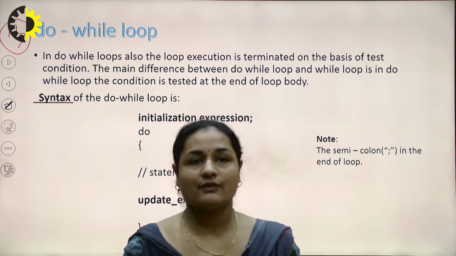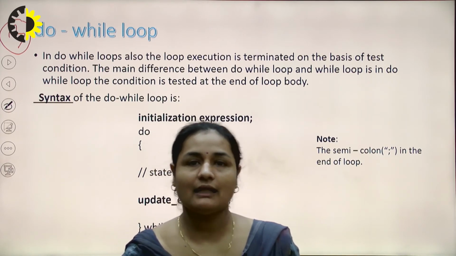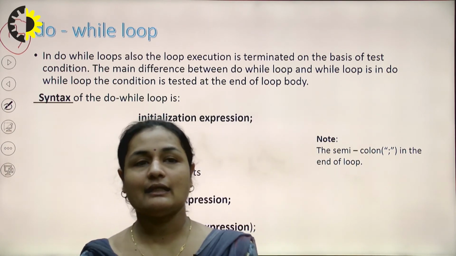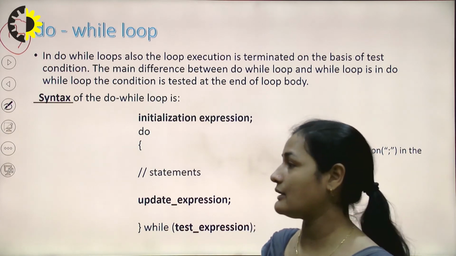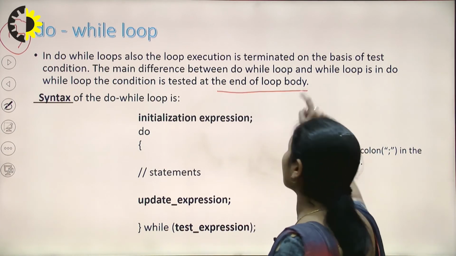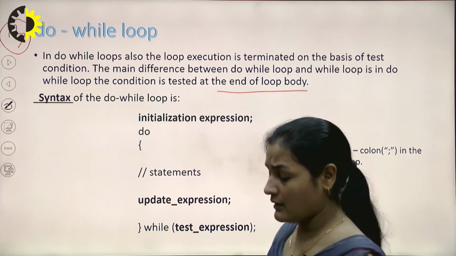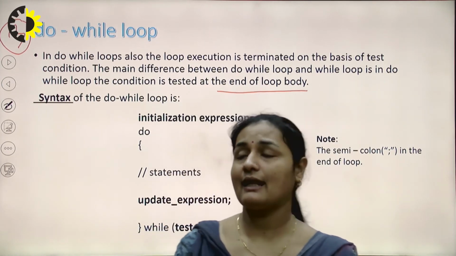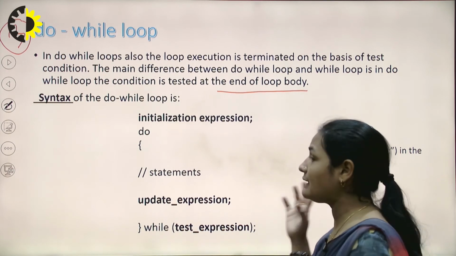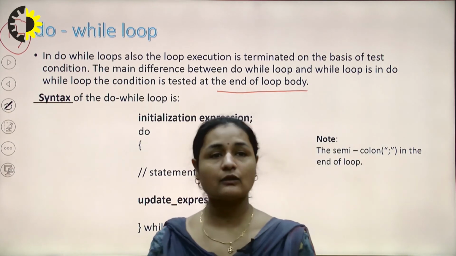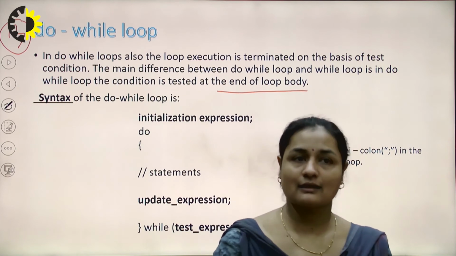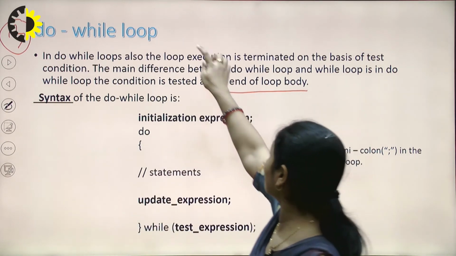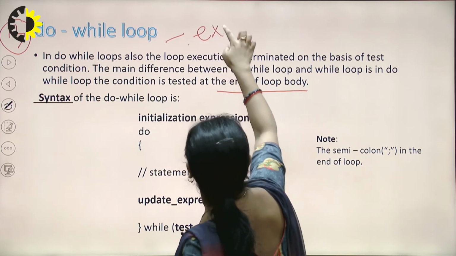The main difference between the do while loop and the while loop is that in the do while loop, the condition is tested at the end of the loop body. In the while loop and the for loop, the condition is tested at the start of the body. That's why these two loops are known as entry control loops. But in the do while loop, the condition is tested at the end of the body, so it is also known as the exit controlled loop.